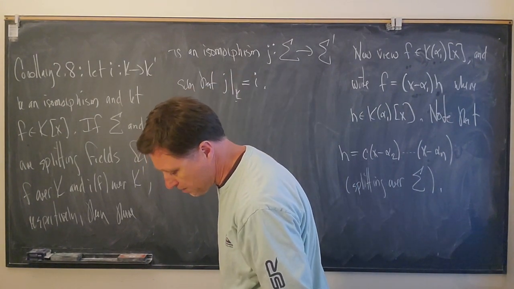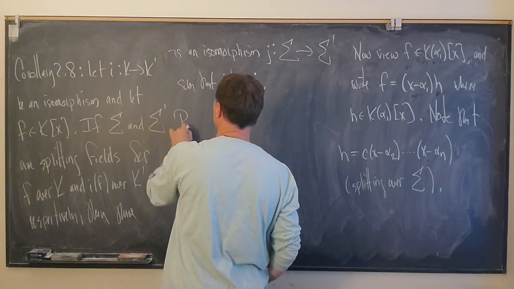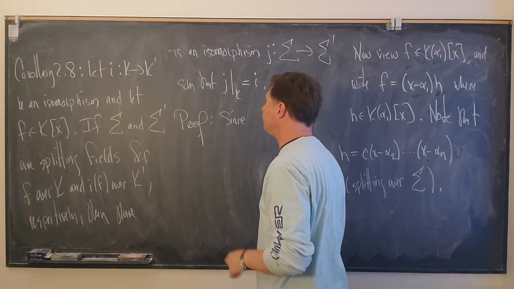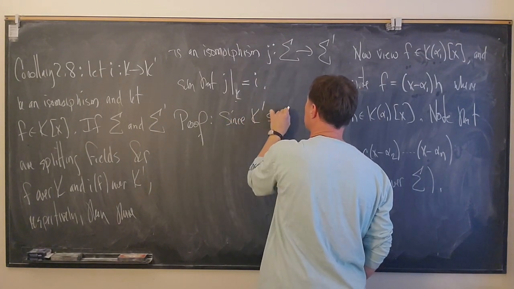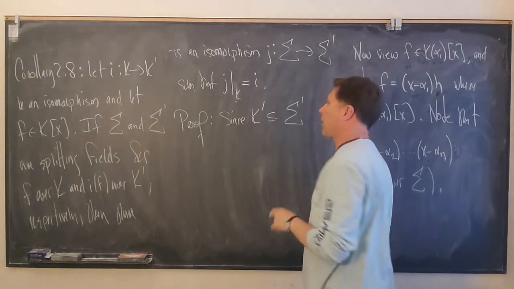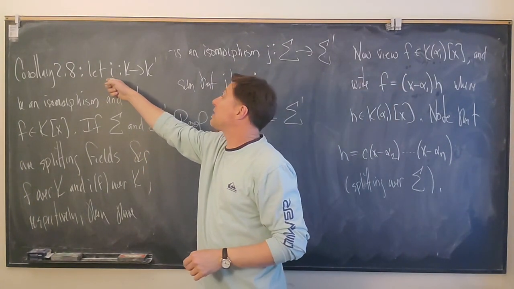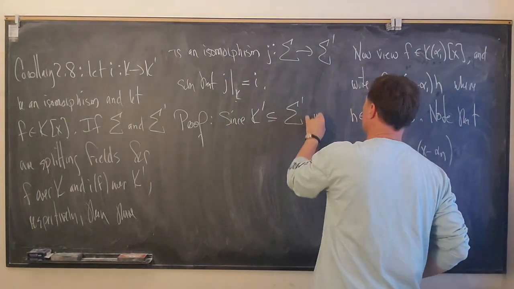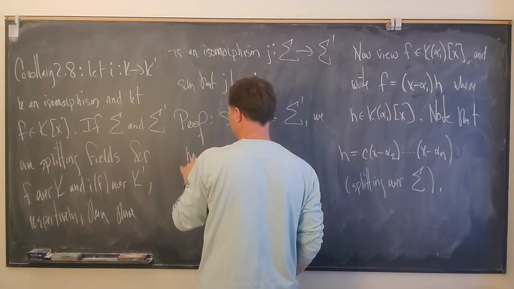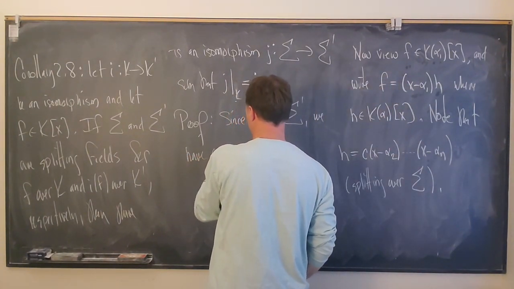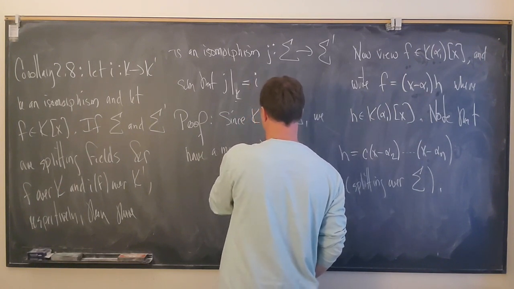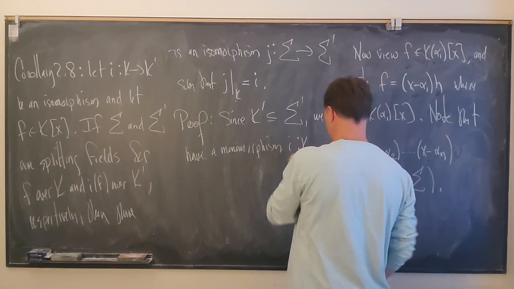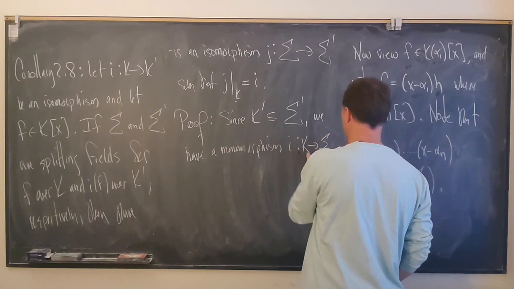So for the proof, since K prime is contained in sigma prime, we can think of I as a monomorphism from K into sigma prime.